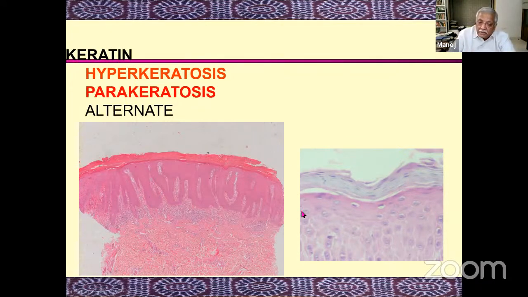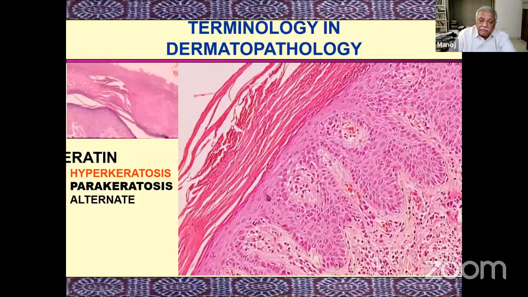So we have seen hyperkeratosis, parakeratosis. And obviously, like anything else in biology, we have a mixed picture. So you have here hyperkeratosis, parakeratosis in between, and another morphology which you will be reading about in some conditions, which is known as alternate hyper and parakeratosis.